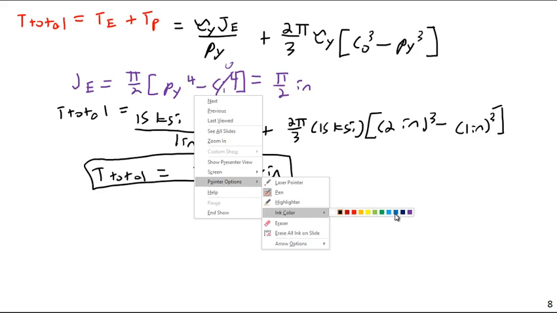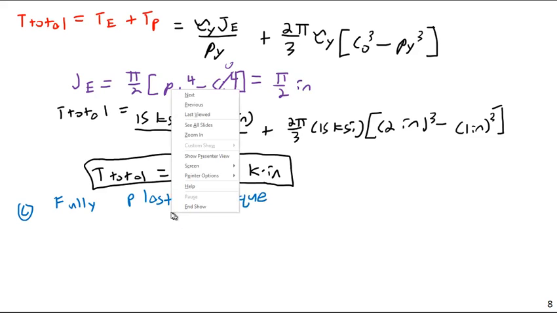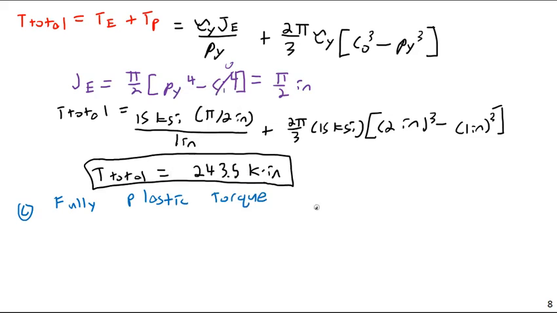So now let's actually find that fully plastic. Part C, fully plastic. Well, let me draw this really quickly. Now we're no longer going to have an elastic region. We are simply going to have, well, this is going to look a little funky, that's okay.